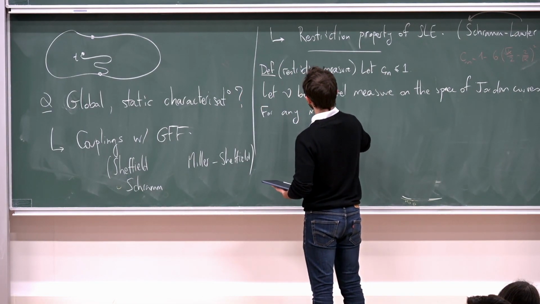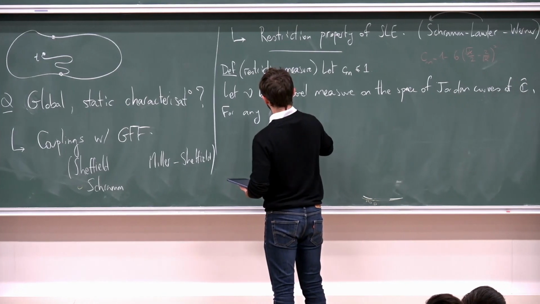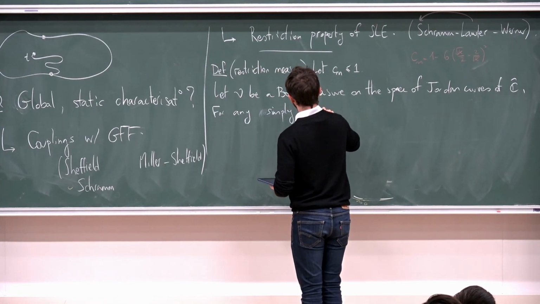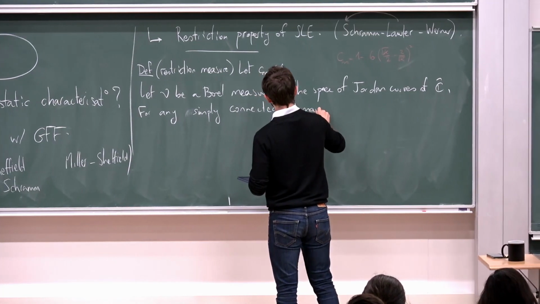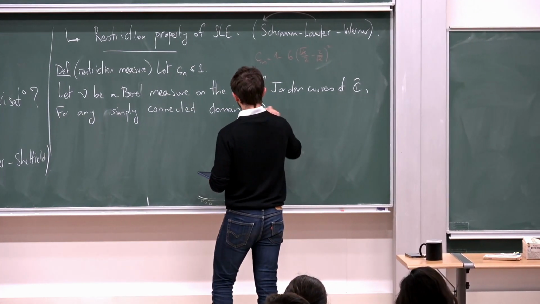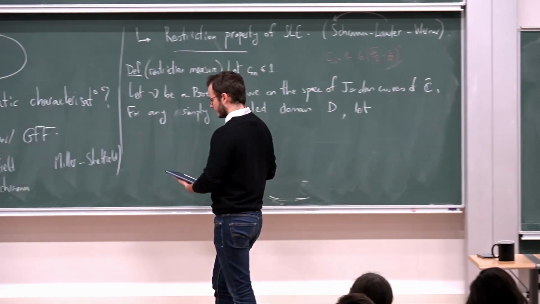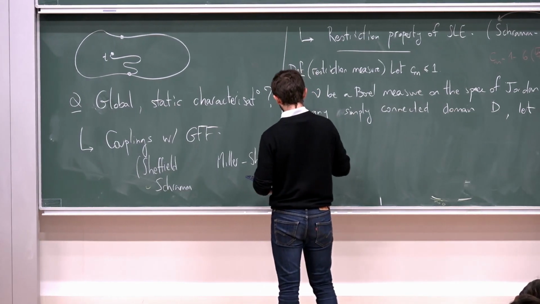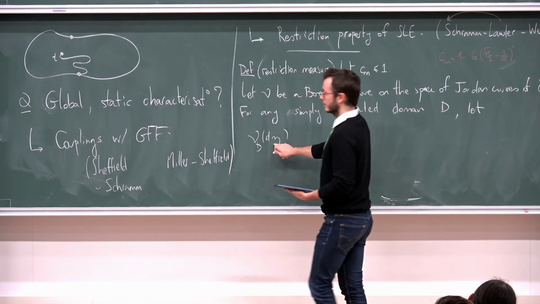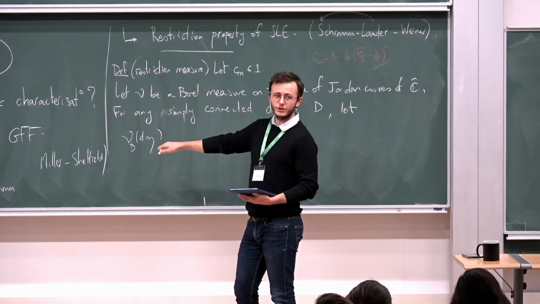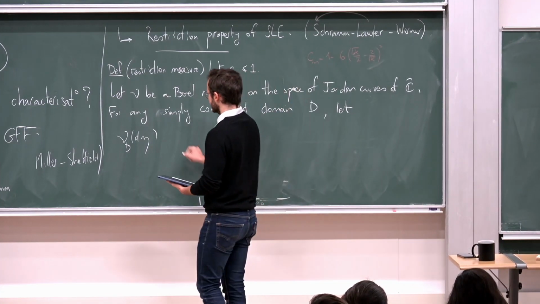And so for any simply connected domain D, I define the following restriction of nu to D, nu_D(d eta). I will denote Jordan curves by eta.